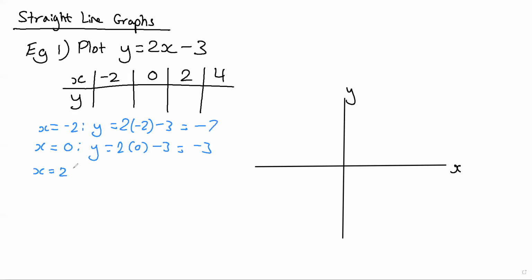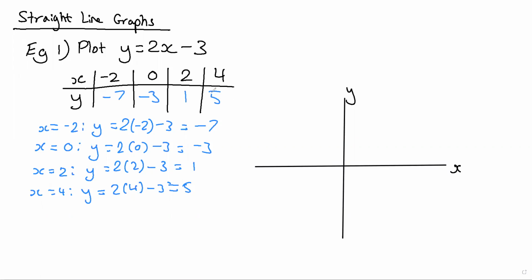For x equals 2, we get y equals 2 times 2 minus 3, which is 1. And for x equals 4, we get y equals 2 times 4 minus 3, equal to 5. So we can put all of these coordinates into the corresponding y values, like so.